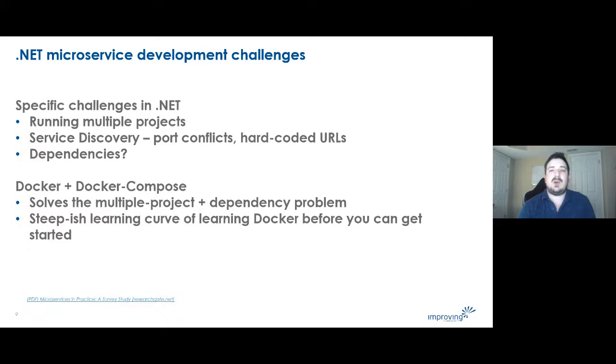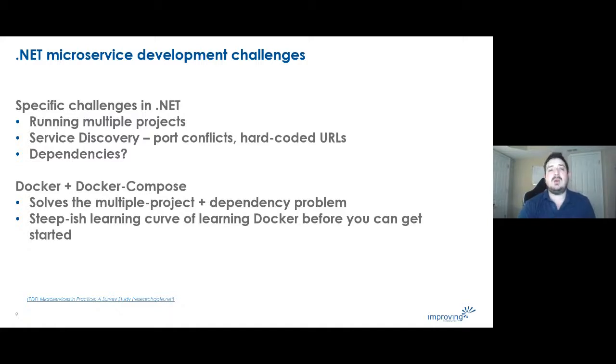But service discovery. Now I've got multiple web apps that I'm trying to debug at the same time. How do I know how they communicate between each other? Port conflicts, hard-coded URLs to try to get things to run all at the same time on my machine and debug everything. And then what do I do about dependencies?